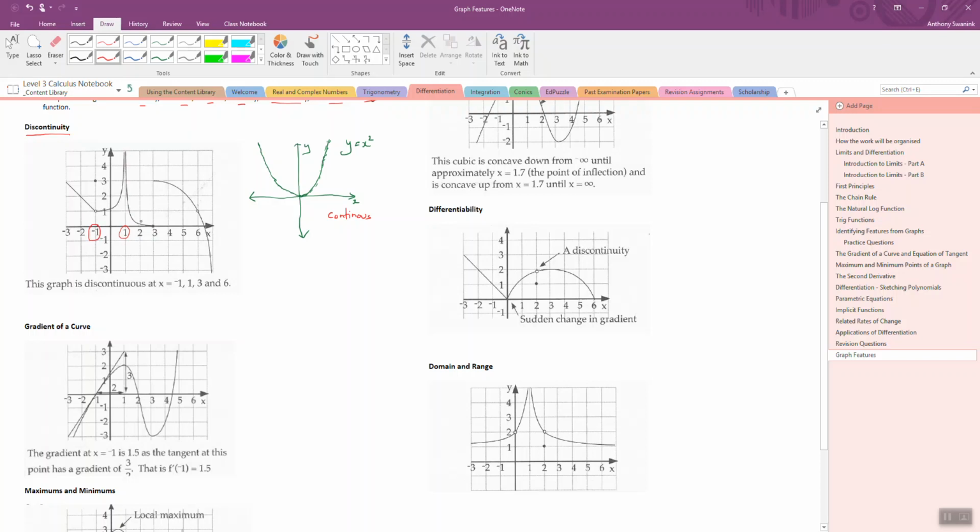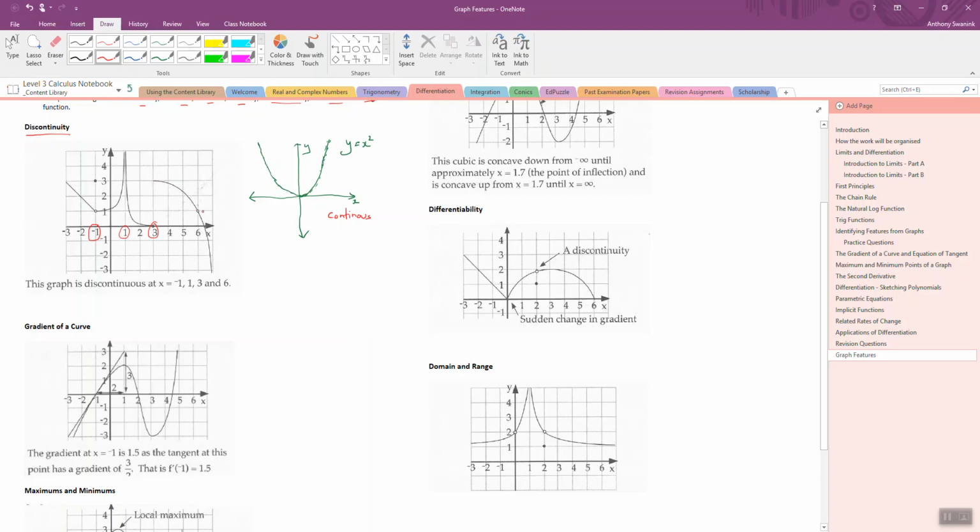If we continue over to the right here, we can see that when x equals 3 there's another break in the function, so this is another point of discontinuity. Once again, we have to lift our pen from the paper to be able to graph this part. There's no vertical line here joining this.